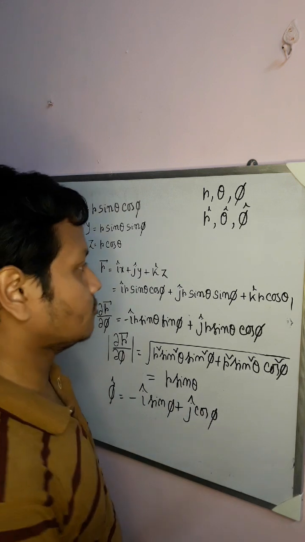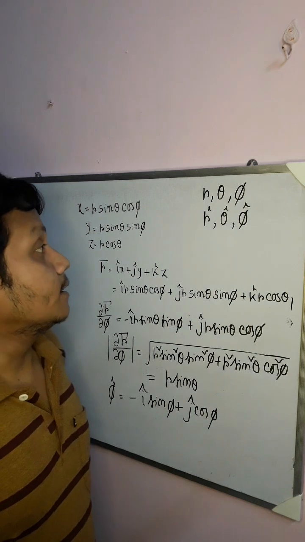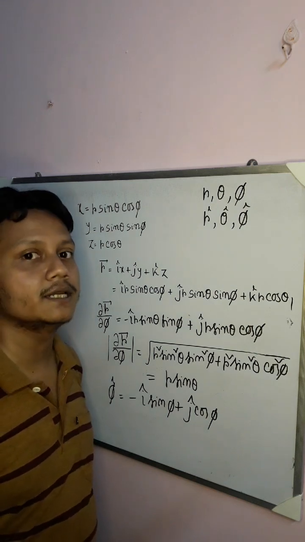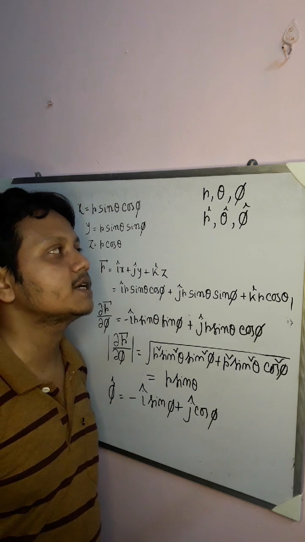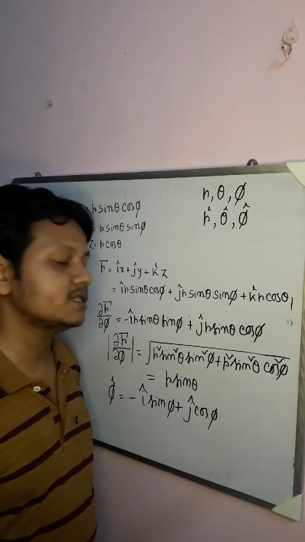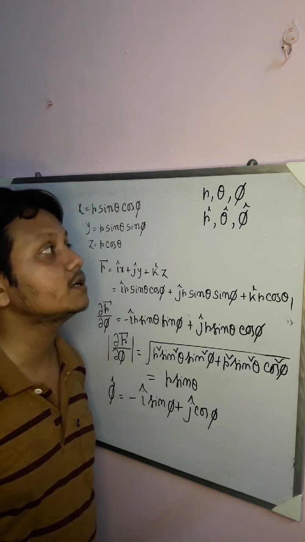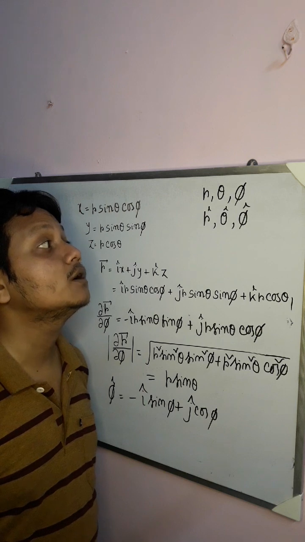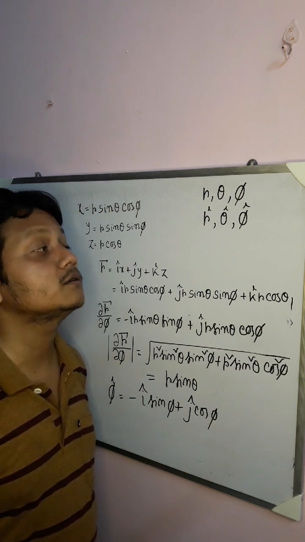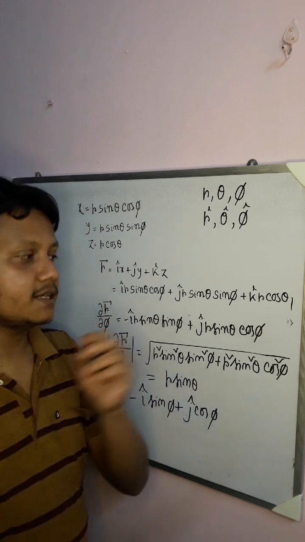Okay, so in this lecture we have derived the various unit vectors in the spherical polar coordinate system, that is r cap, theta cap and phi cap. These are very important, and in the CBCS system these questions are asked for 2 marks. That is, find the value of r cap in spherical polar coordinates, or theta cap or phi cap. So these are 2 marks questions that can be asked in examinations.